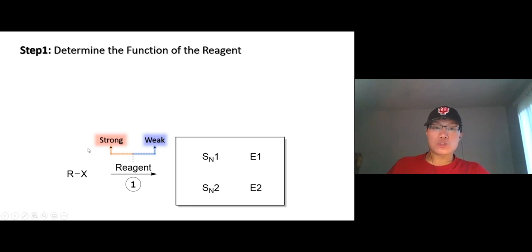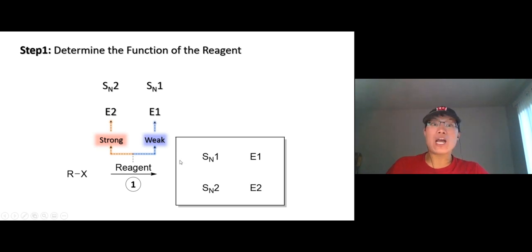So if you know that your reagent is strong, your option is going to be either SN2 or E2, because these two mechanisms require a strong reagent to facilitate either the backside attack or the beta elimination that happens in one step. If your reagent is weak, the option is going to be either SN1 or E1.